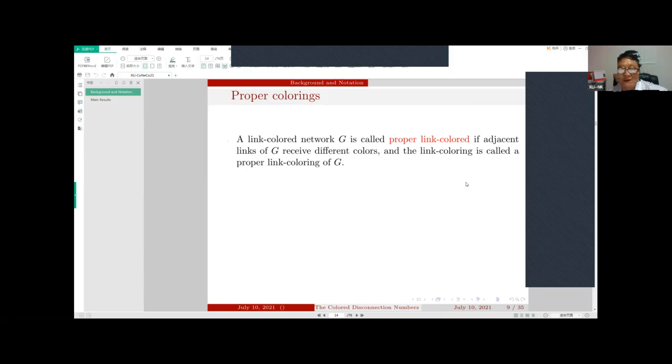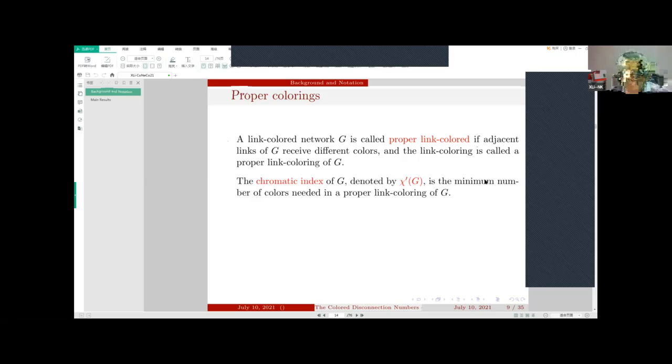Now I will talk about the proper coloring of a network. This is traditional. A link coloring is proper if two adjacent links cannot get the same color.